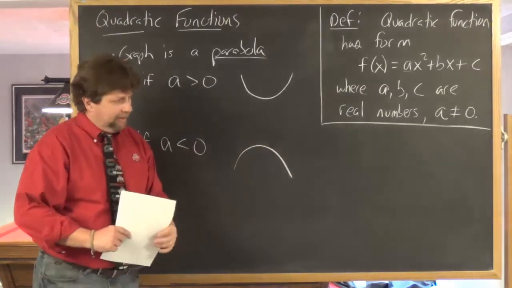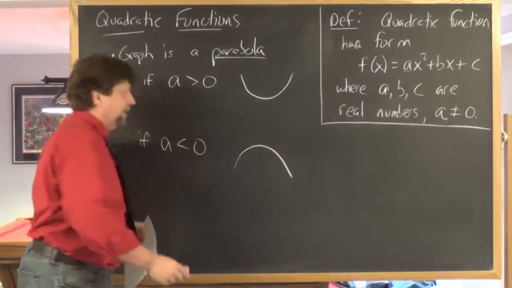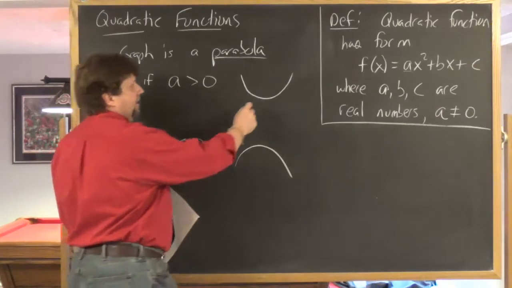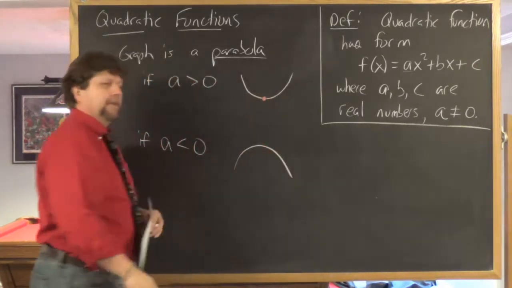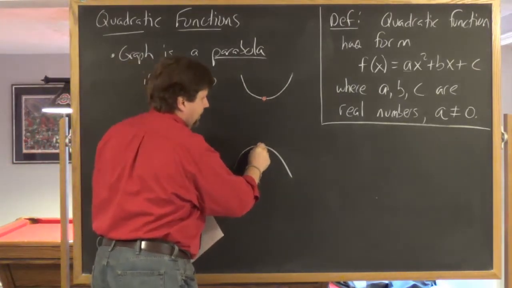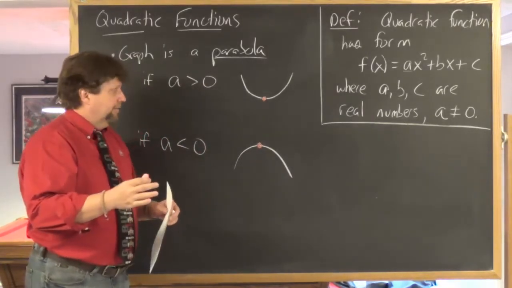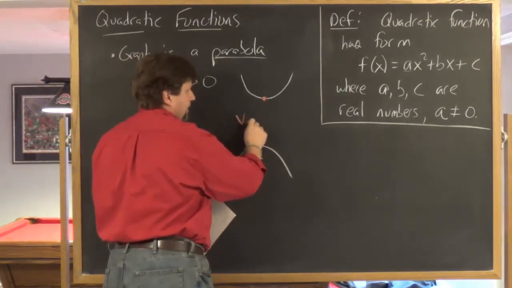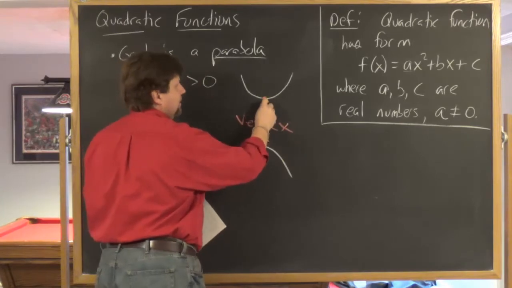It's a sad parabola. On every parabola that you graph, you're going to find a really, really important point. On a happy parabola, it's this point right here. On a sad parabola, it would be this point right here. Now that point has a name. It's called the vertex.